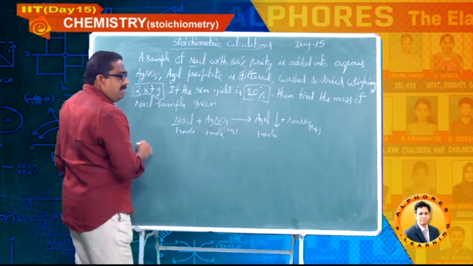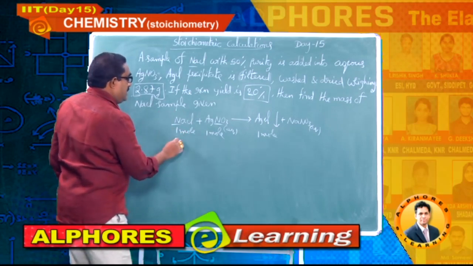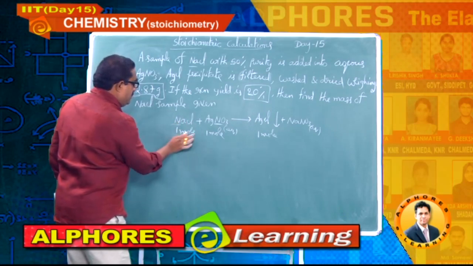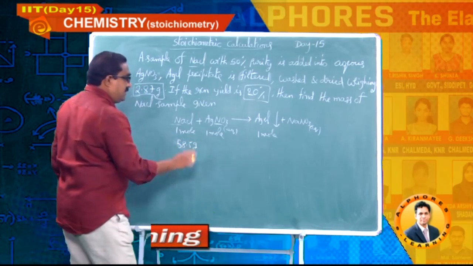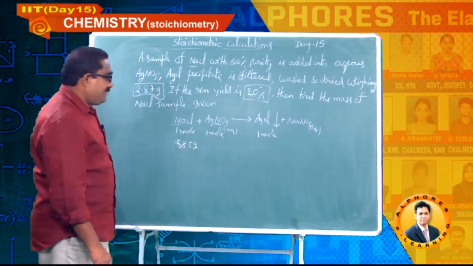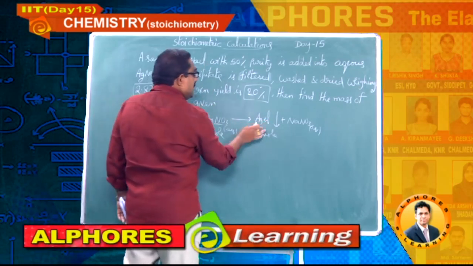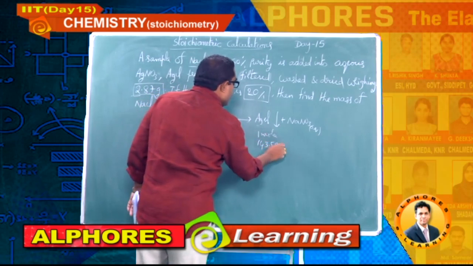Let me convert the moles into the masses. Okay, I will write here. 23 plus 35.5, that is 58.5 grams. Here silver 108, chlorine 35.5, 143.5 grams.